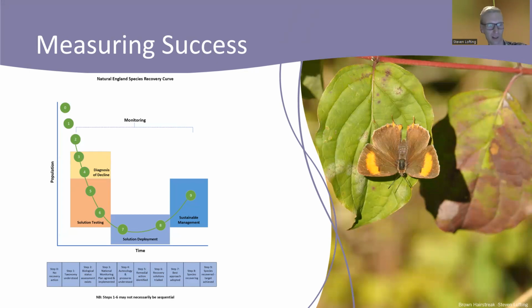So quite often we start with this diagram here, and we have to work through individual species. What are their needs? What is the cause of their decline? How can we sustainably manage for them before we then go back to the landscape recovery curve and actually get them to then move around a much broader landscape?